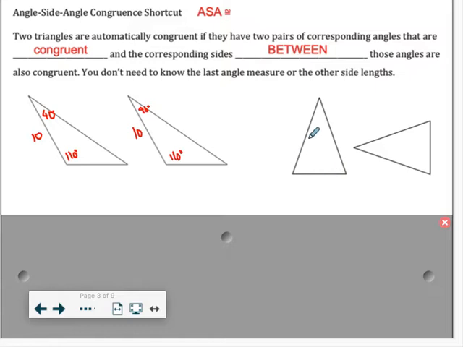With tick marks and arcs, I might say angle, side, angle is congruent to angle, side, angle. So what we want to be able to do is to look at the picture and say, oh yeah, they're congruent by angle, side, angle, or they're not congruent. Those tick marks don't match up the same.